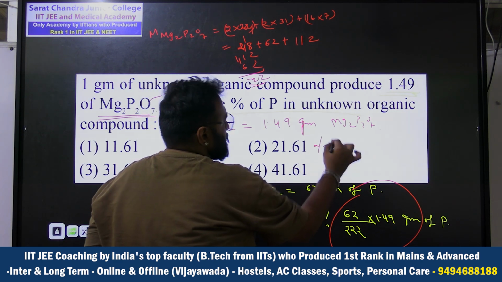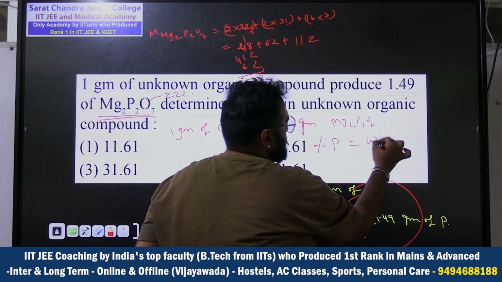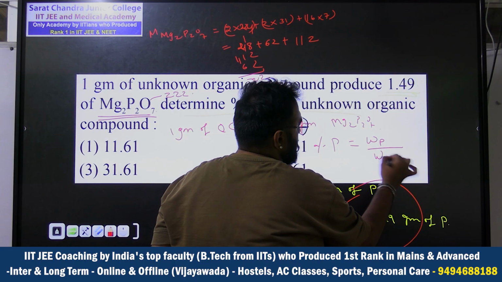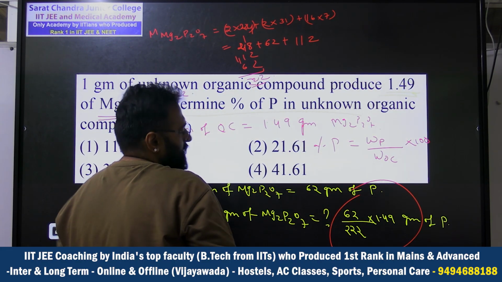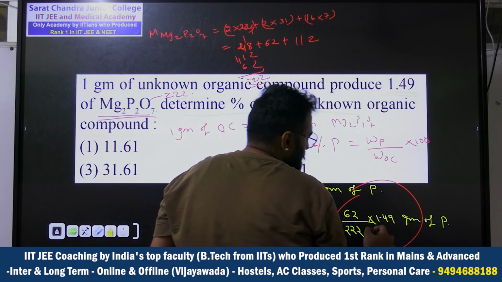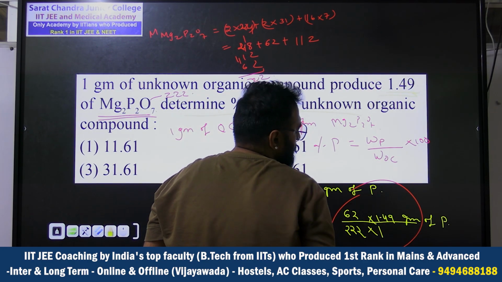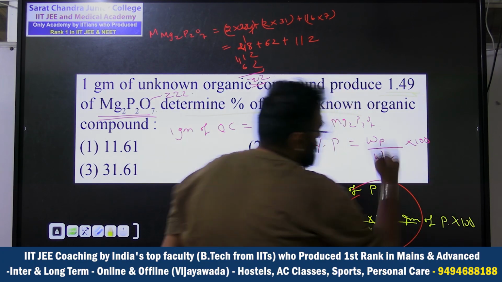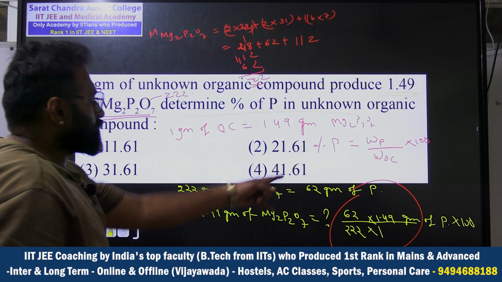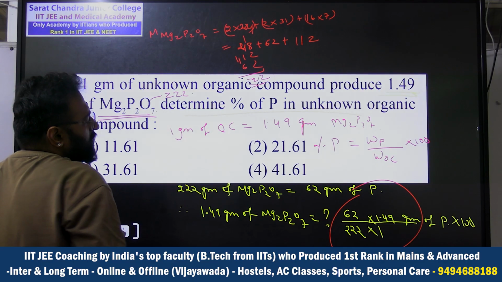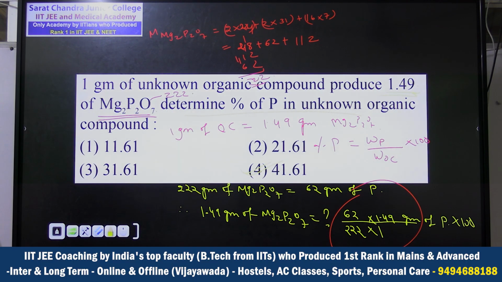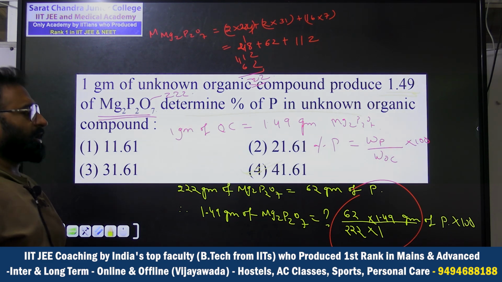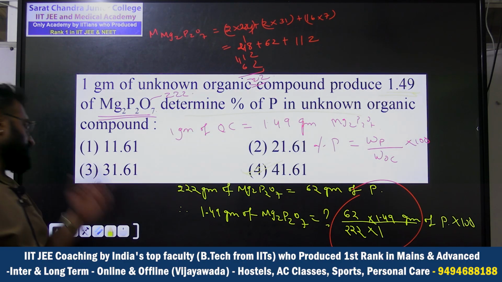Percentage phosphorus is weight of phosphorus upon weight of organic compound into 100. So it is weight of phosphorus divided by 1 into 100. Solving this, your answer will be 41.61%. This is how you will solve the question.